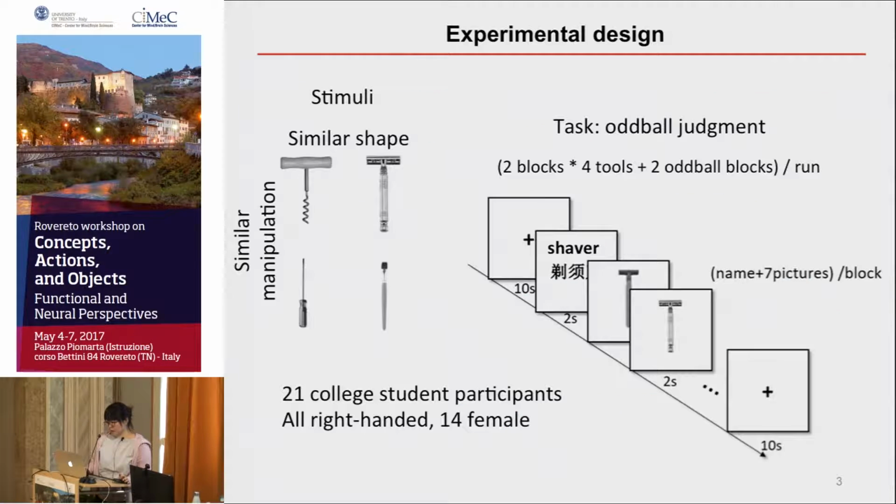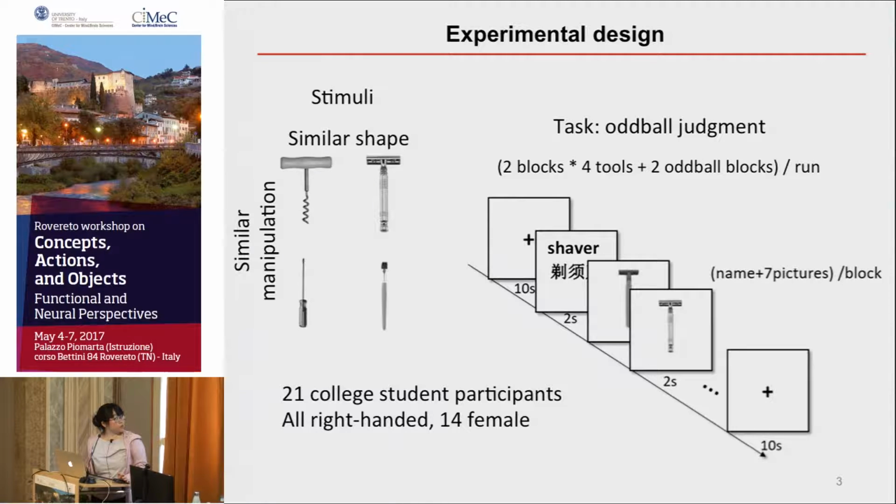We use four particular tools: the corkscrew, the screwdriver, the shaver, and the paintbrush, to form a 2x2 design. The rows have similar shapes, and the columns have similar ways of manipulation.